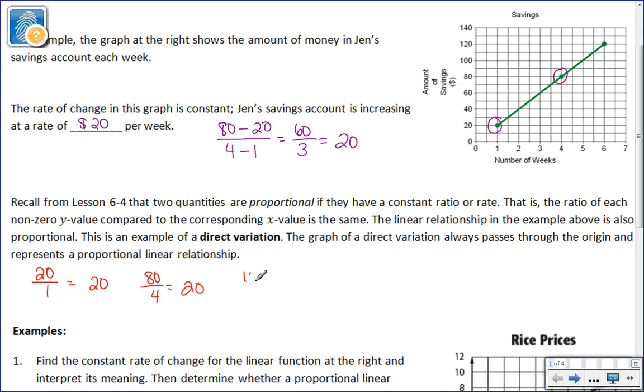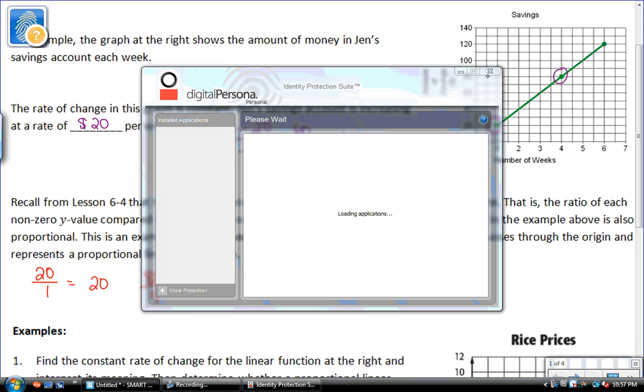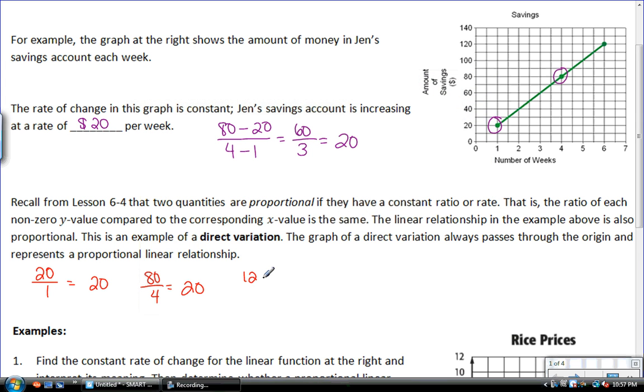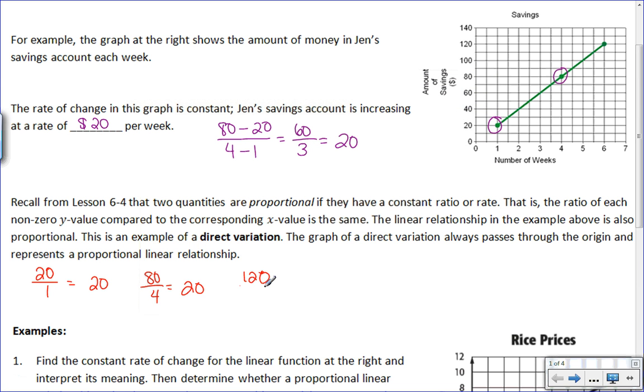So 120 divided by 6 is also 20. And if you recall again from lesson 6.4, when all 3 of these ratios, or however many data values there are, when all of those ratios are the same, we would say that this is a proportional relationship.